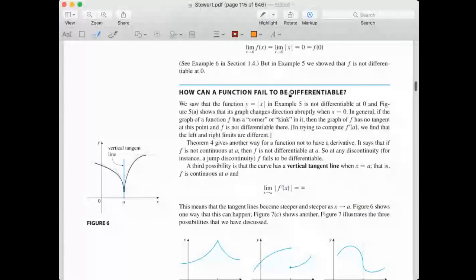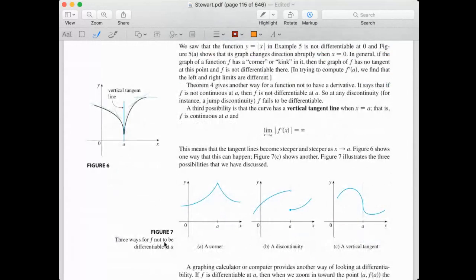Okay, how can a function fail to be differentiable? There are a couple of situations. This situation we know, the second situation, right? The limit does not exist, so we won't be able to talk about derivatives. Another situation is this, because remember, what's the slope of a vertical line? Undefined, right?